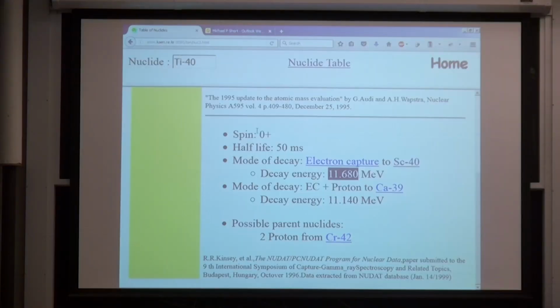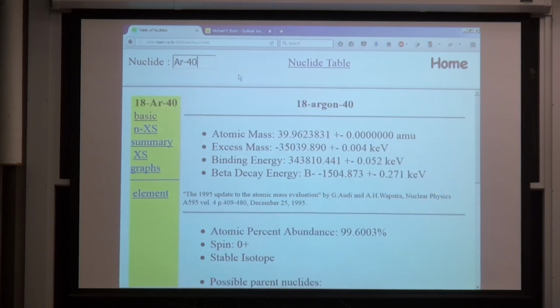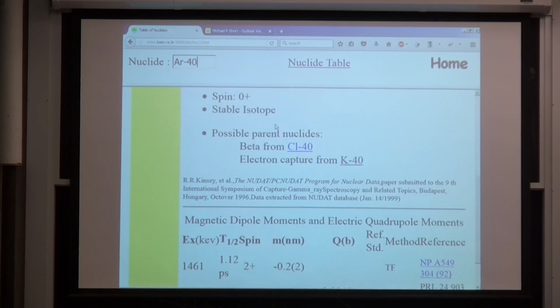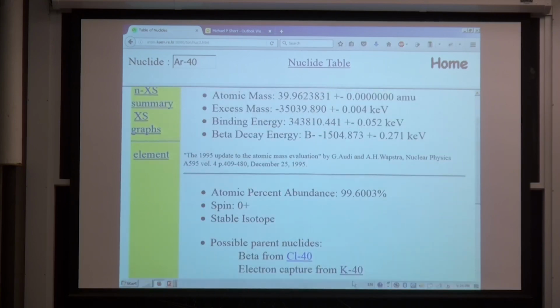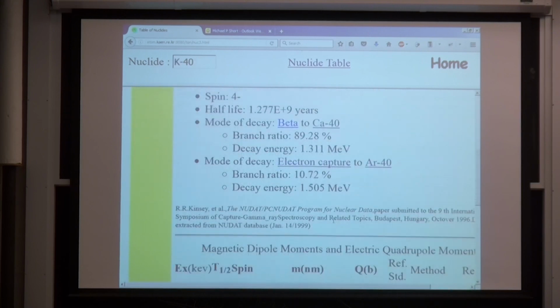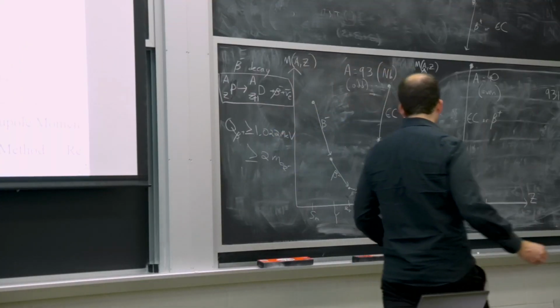So I do know that potassium-40 can decay into argon-40. So let's jump there. Argon's a stable isotope too. So potassium-40 can decay into argon-40 by electron capture. Okay, good, a more respectable 1.505 MeV.